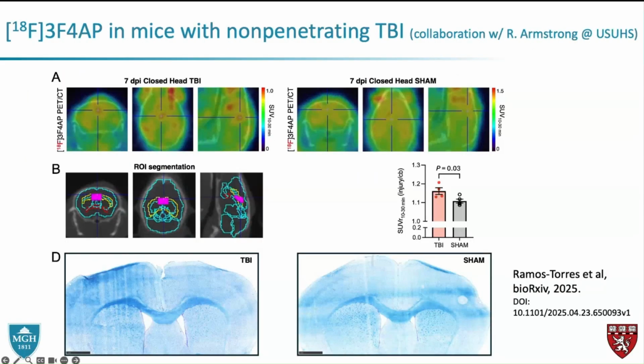So she sent us some animals, and we did PET on these animals. And in the closed head injury, we could also see an effect, though not as large as in the open head injury, but there was about a 10 or 15% increase in signal. And this is even in the absence of overt changes in the histology.